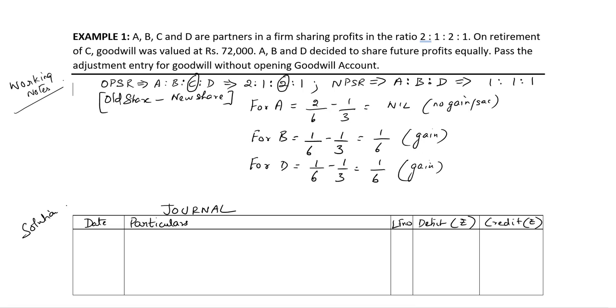So we need to debit the gaining partner and credit the sacrificing partner and the retiring partner. So let's debit the gaining partners. B capital account debit, fluctuating capital method assumed. D capital account debit.